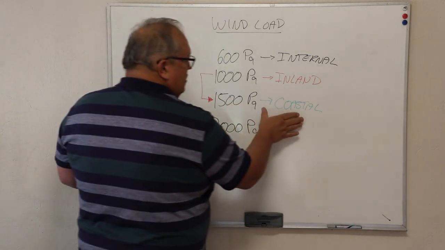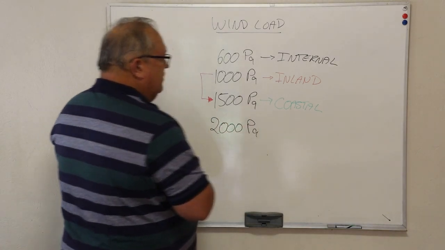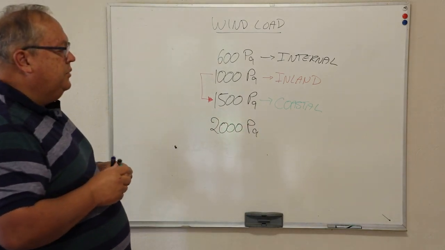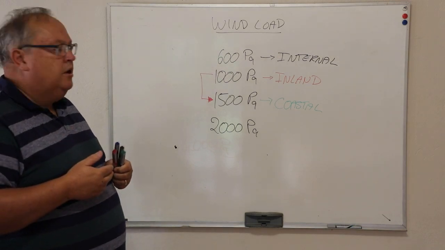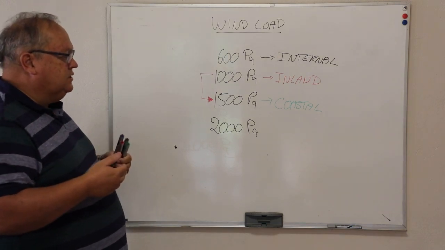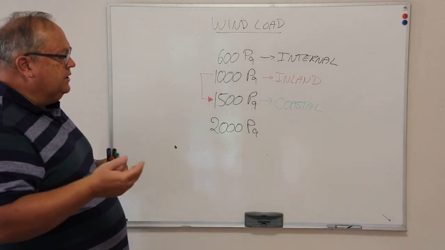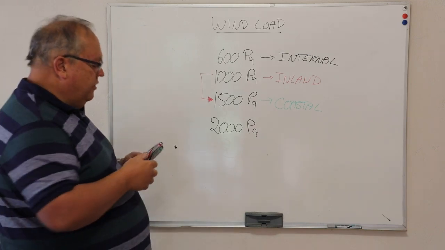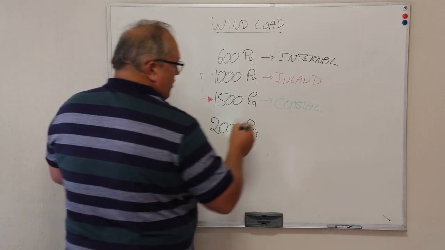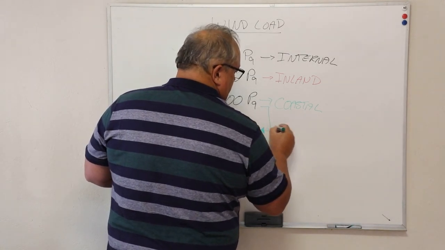If I'm working at the coastal belt in a relatively sheltered area, I can get away speccing 1500 pascals. But as soon as I go to an area that is exposed to the wind, maybe it's right up against the coast, the prevailing winds are coming over the sea, maybe I'm next to a lake, maybe I'm in a big open area, then once again I would need to increase that specification one level.